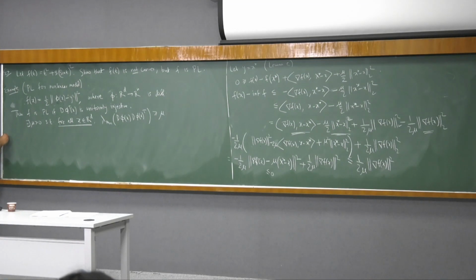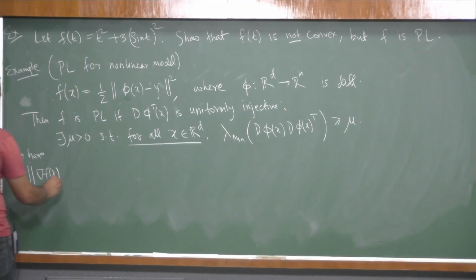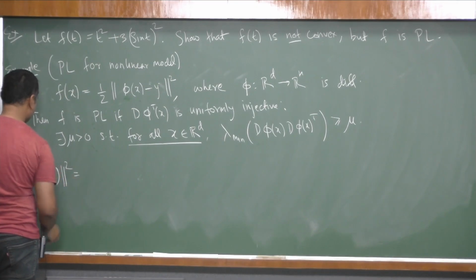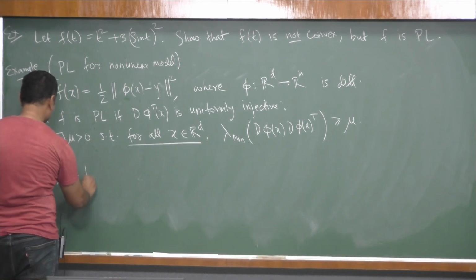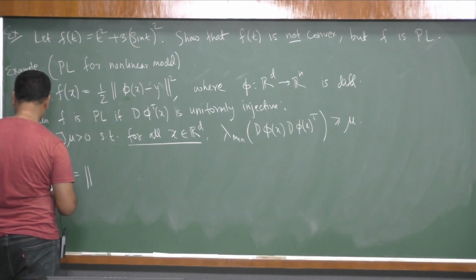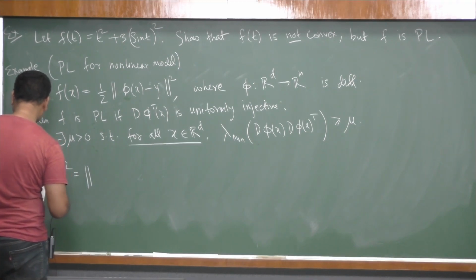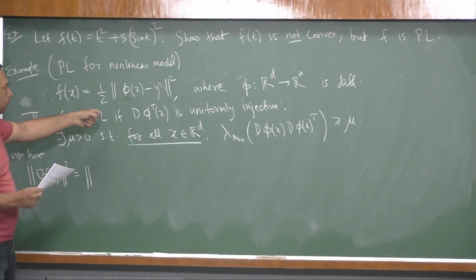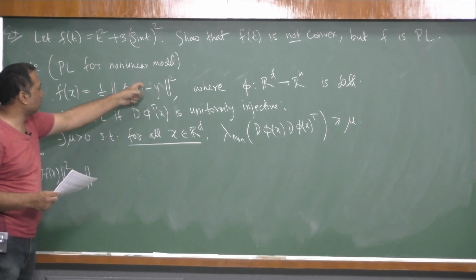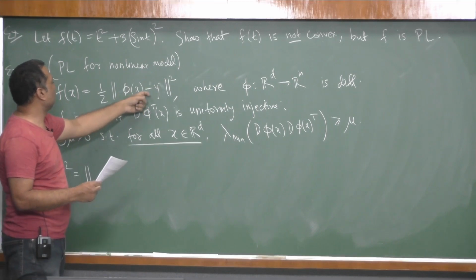Okay. So we have the norm of grad f(x) squared equal to... if we take the gradient of f that we need here, it will be grad f phi, and then it's like a chain rule, right? The grad of phi and then this itself.